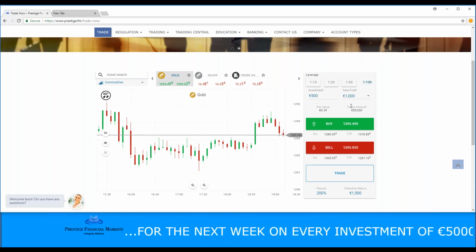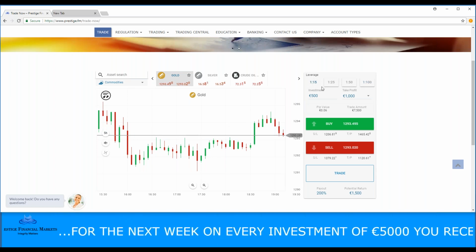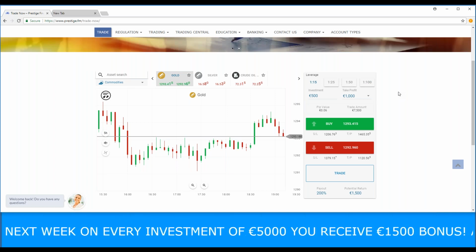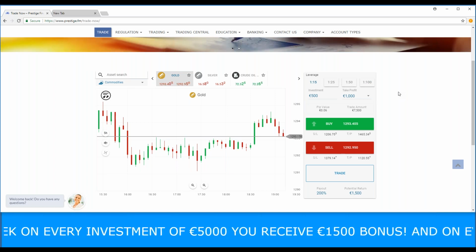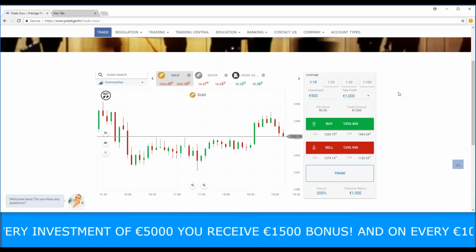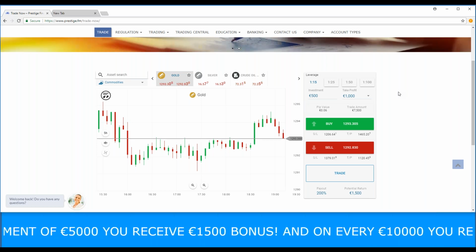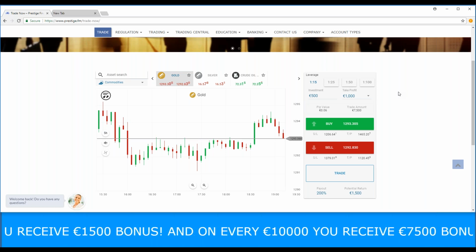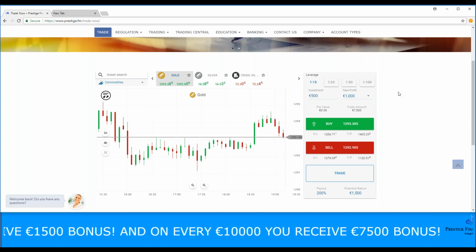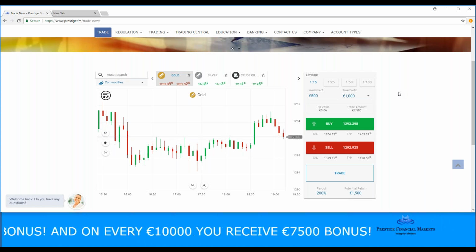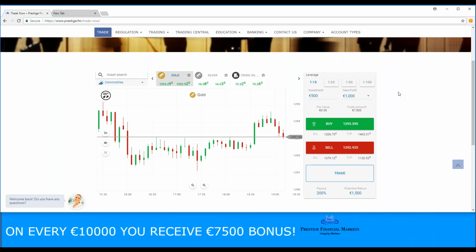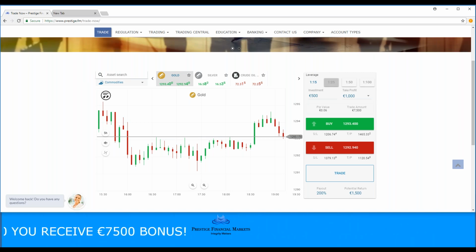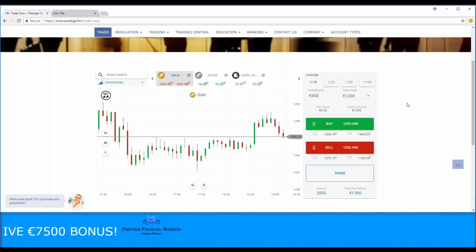So the point of leverage is that you can, of course, earn more, and of course you can lose more, but it is a very useful tool, because with less money you can make more profit, and with more money you can make even more if you are trading smart. So it is one smart trading tool.